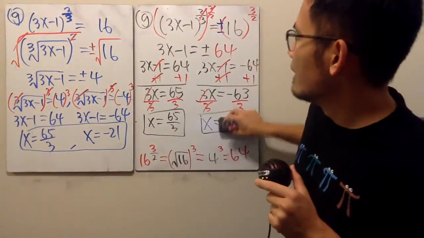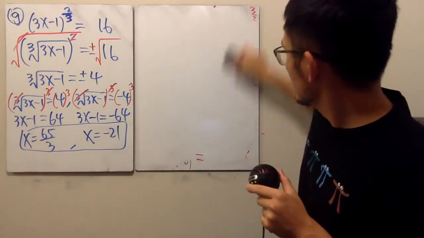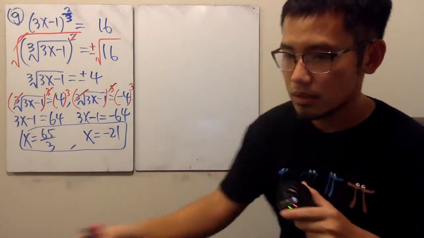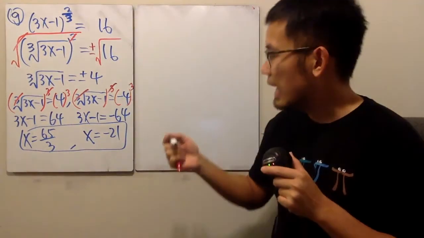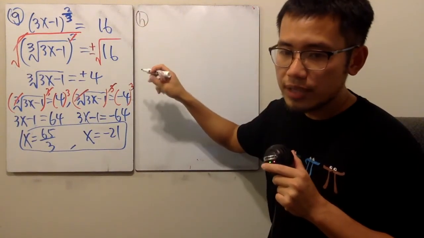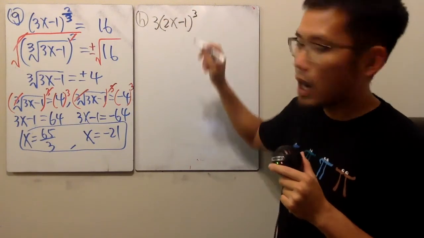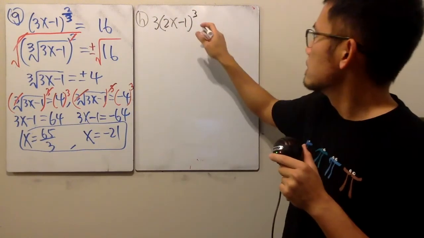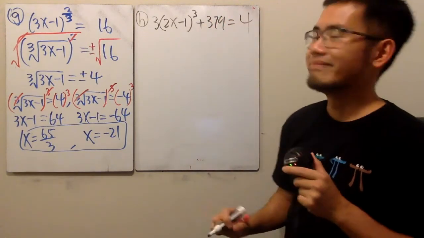All right, last one. Here we have h. And the question is, we have 3 times the parentheses 2x minus 1 inside to the third power, and then plus 379, this is equal to 4.